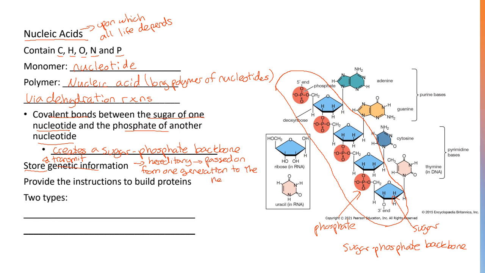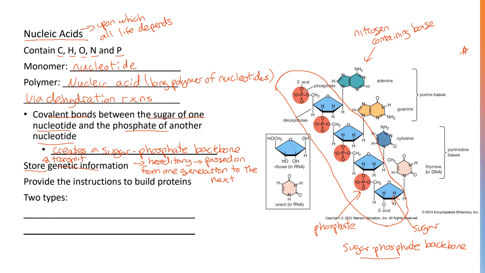So let me just go back here really quick to my diagram. This is going to be the sugar phosphate backbone. You already know that. And these are going to be the nitrogen containing bases. And we'll talk more about it in a second. Okay, base, and this is another one, and this is another one.